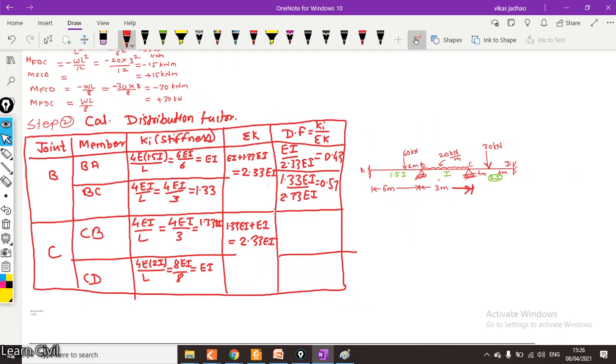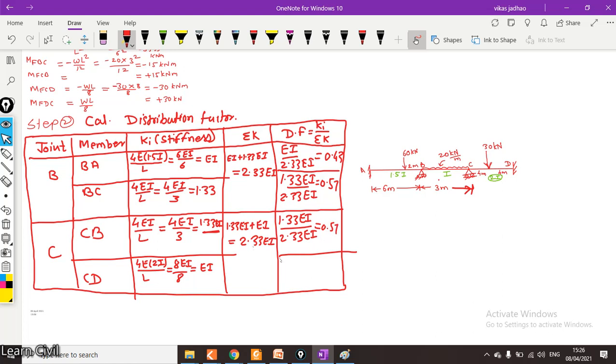The distribution factor for CB will be 1.33 EI divided by 2.33 EI, which is equal to 0.57.